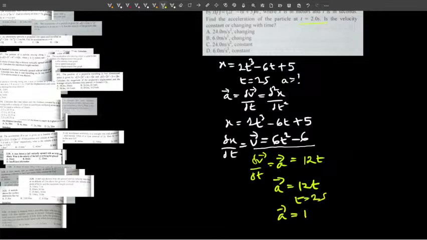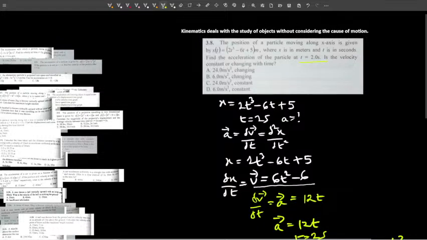We are looking for acceleration, so I have to differentiate one more time. dv dt, which is my acceleration, gives me 12t minus 0. That's 12t. So acceleration is 12t. At time 2 seconds, my acceleration will be 12 times 2, which gives 24 meters per second squared.